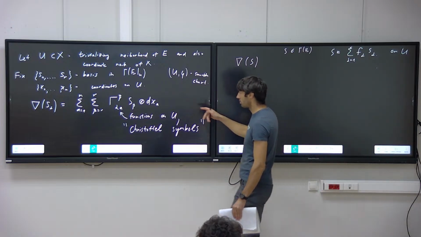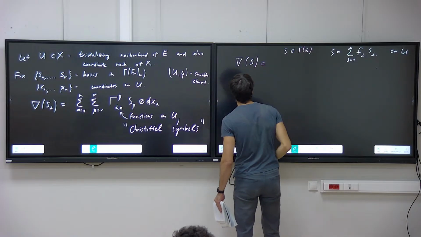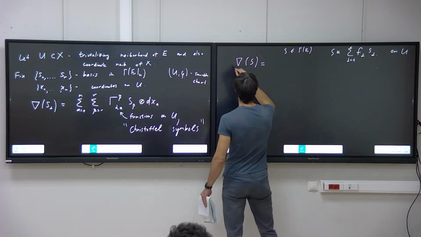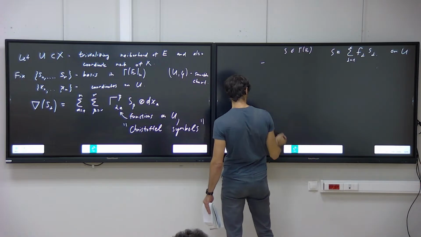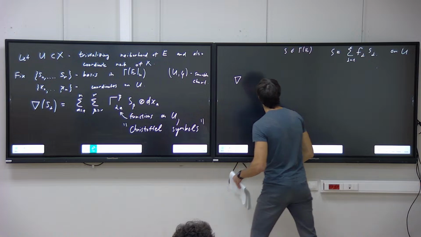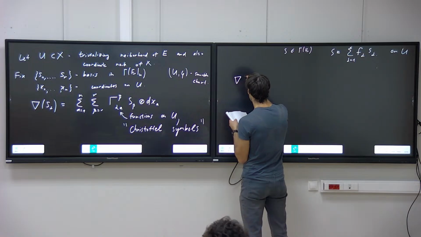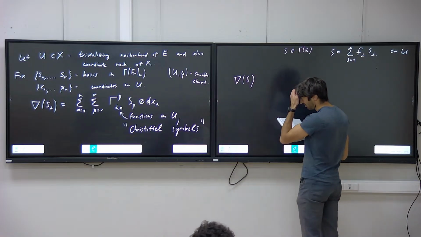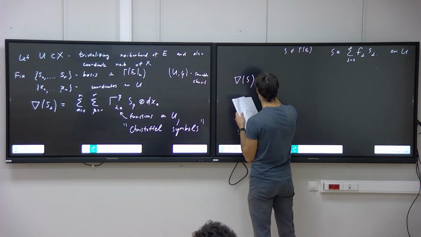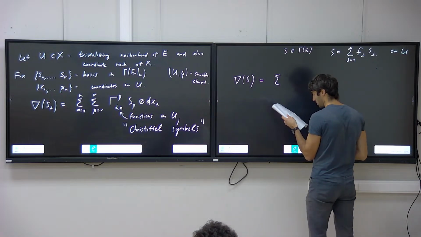And then I just can combine this and the Leibniz rule, and then I will get the following. So I have nabla of S. Okay, this is a one-line computation, so let me just write the answer, and we will see that it will be evident that the answer should be like that.